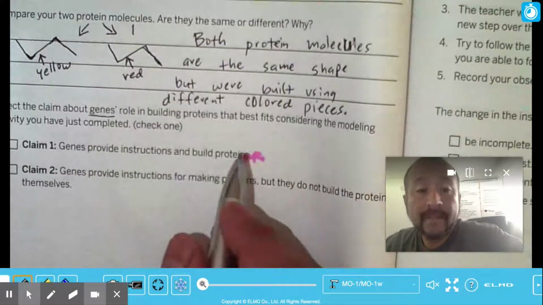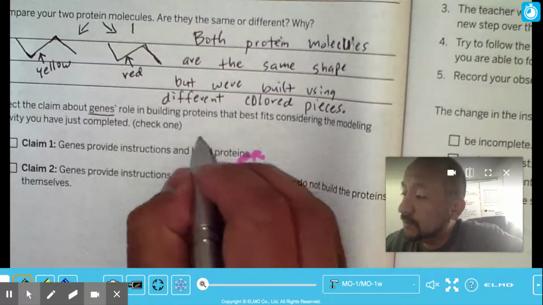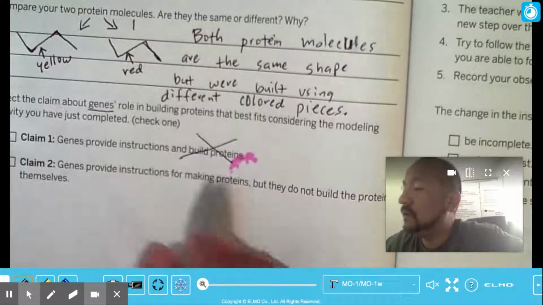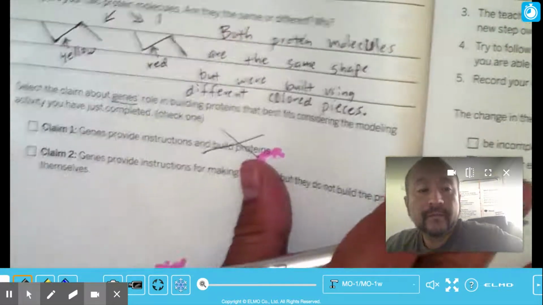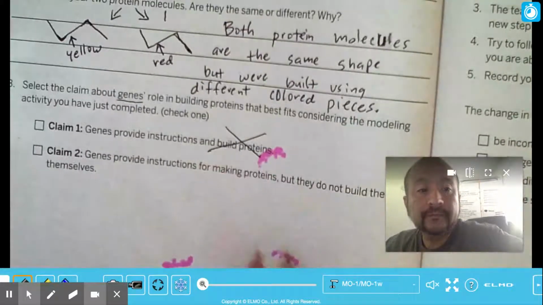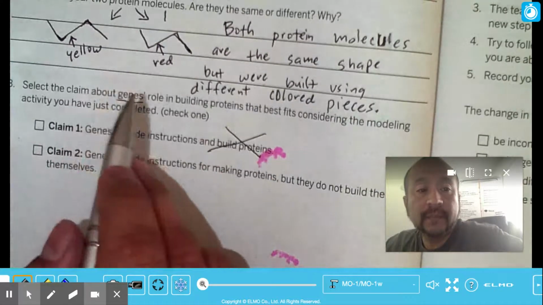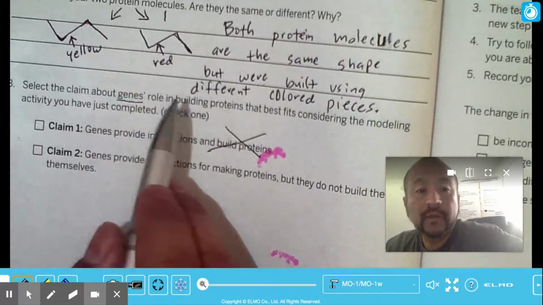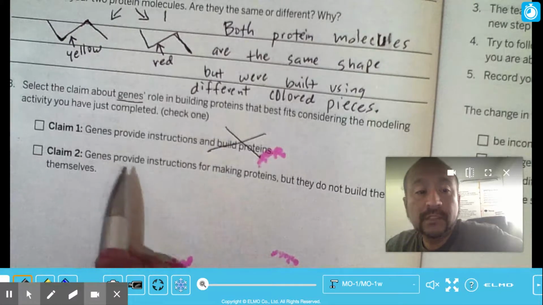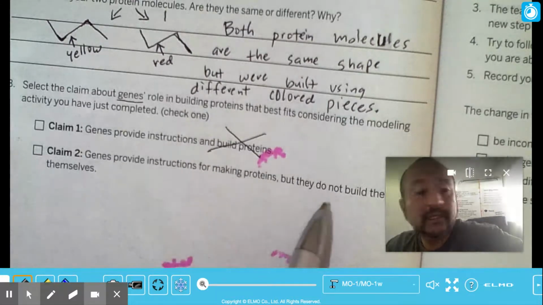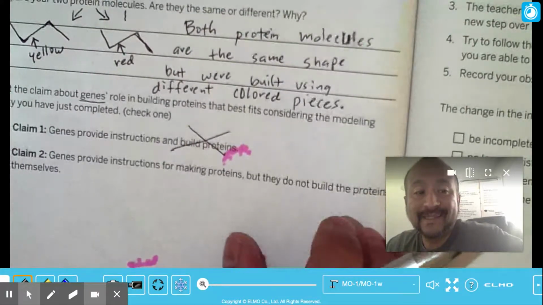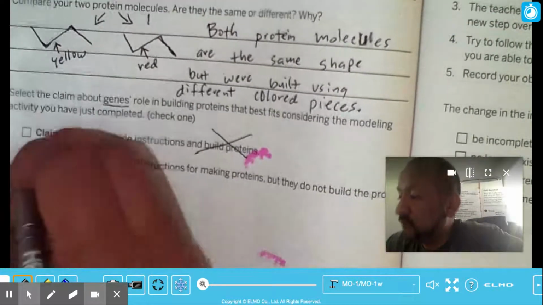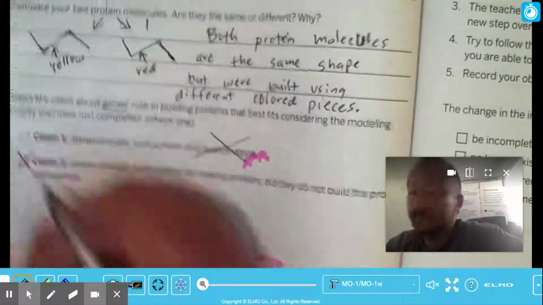So genes do not build the protein molecules, and this claim would not be true. So genes do provide instructions, but they don't build the proteins themselves. So this would be the correct claim.